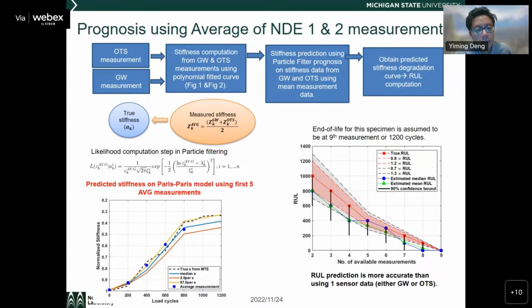Well, let's do it. I have those two data. I just simply do the average here, add them and divide by 2, and use this as my average measurement. And then I can do the prediction. I can predict the damage growth.